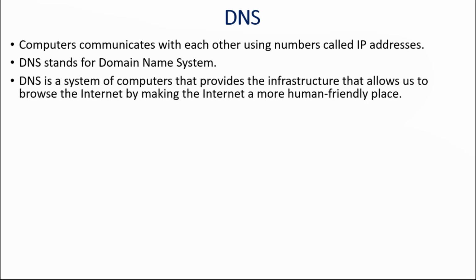What will the domain name system do? The domain name system is a system of computers that provides infrastructure which allows us to browse the internet by making the internet a more human friendly place.